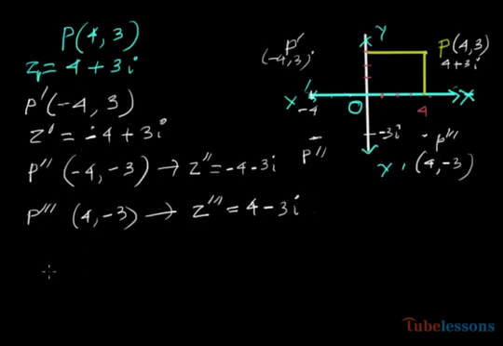And in all the cases, the mod of Z1 is equal to root over 4 square plus 3 square, which is equal to 5.